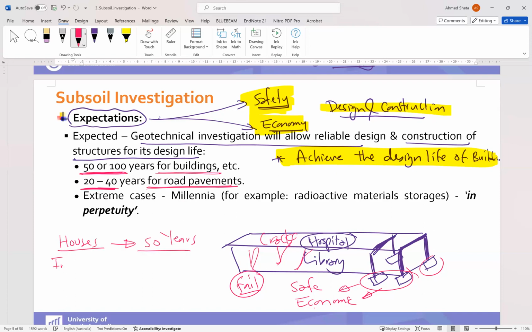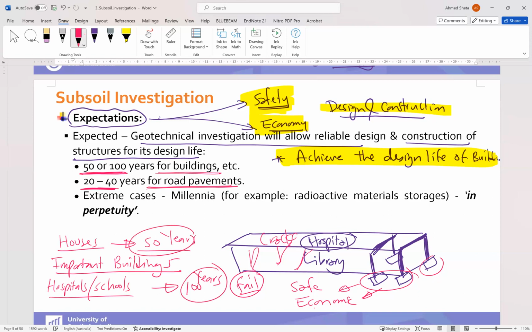For important buildings or buildings that serve many people, like hospitals and schools and so on, any public building, it's designed for 100 years. So you need to make sure that the building will last for this period from the soil perspective.